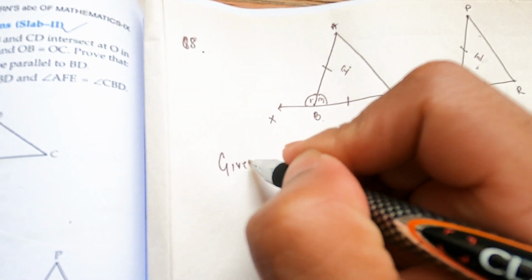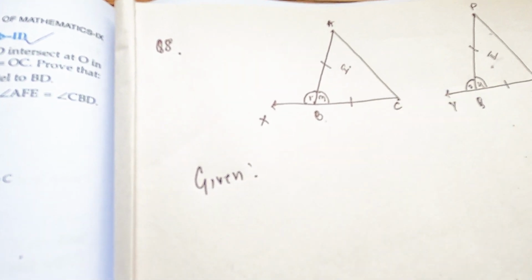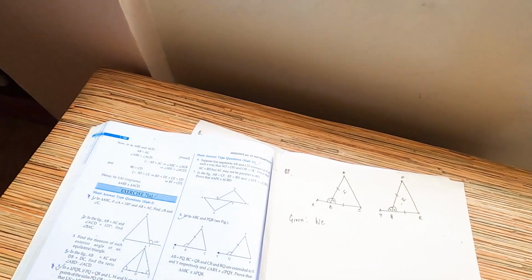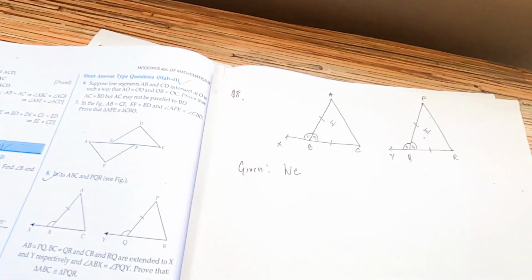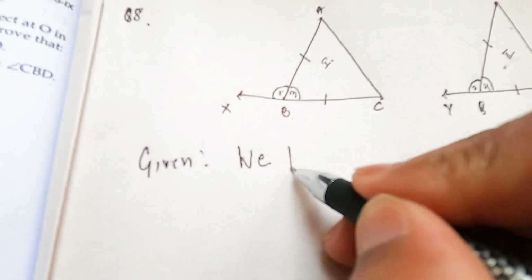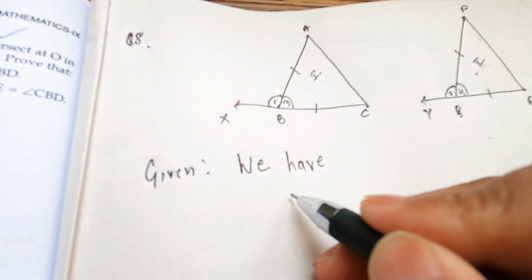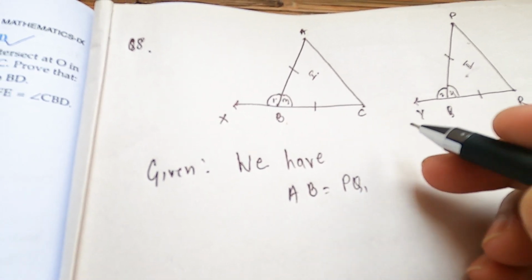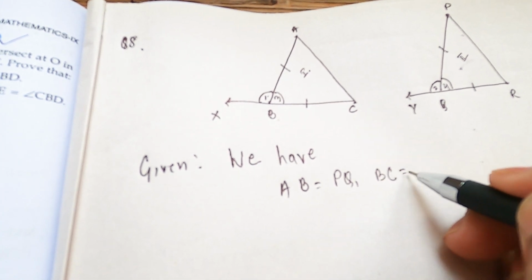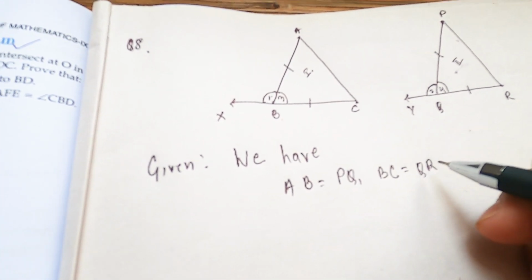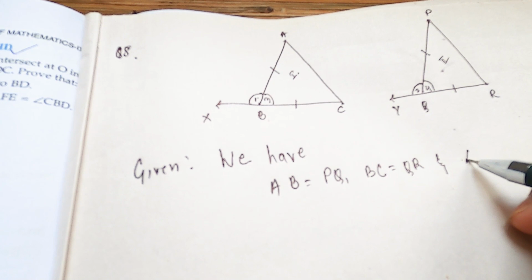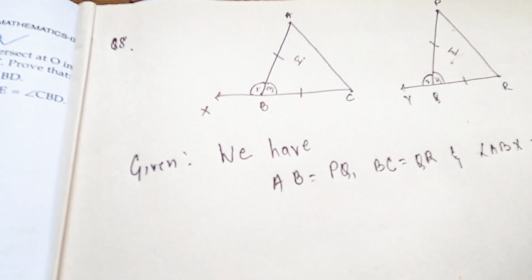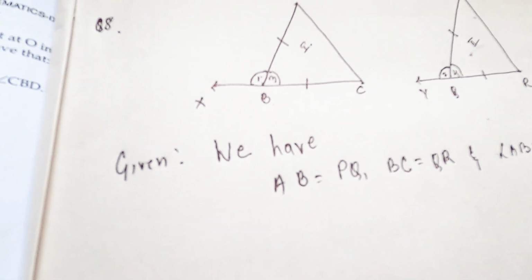All right, given, so you write we have AB is equal to PQ, BC is equal to QR, and angle ABX is equal to angle PQY.